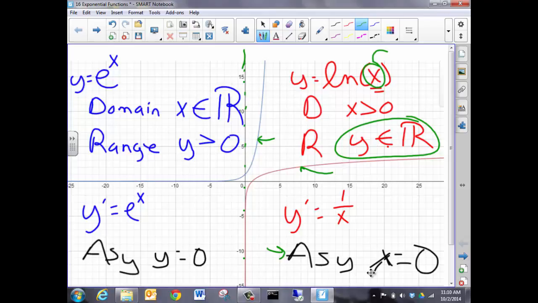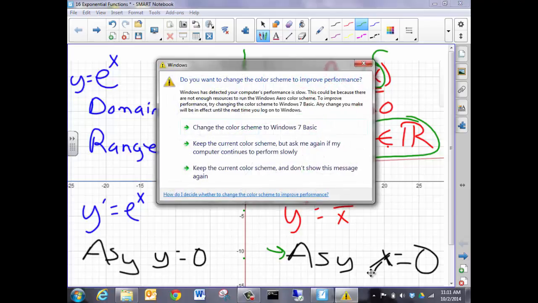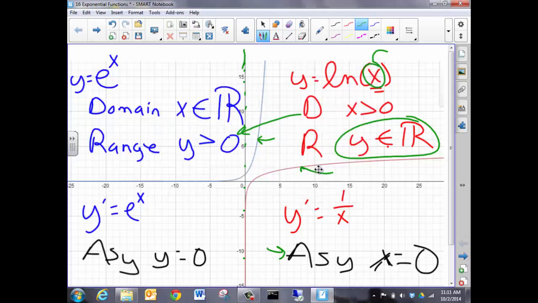Well, if you look at the exponential, what do you notice about domain and range, that information I've got written up there, relating it to the natural log? They're opposite. The domain of a natural log is greater than 0. The range of the exponential function is greater than 0.